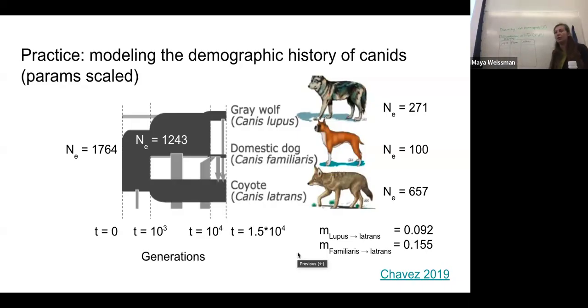When you actually finish coding this up, and people who are zooming in, if you want to send it to me in the chat, once you get a heterozygosity score for the end of your simulation for each of these, come up and write it down, and then we'll do FST between them.